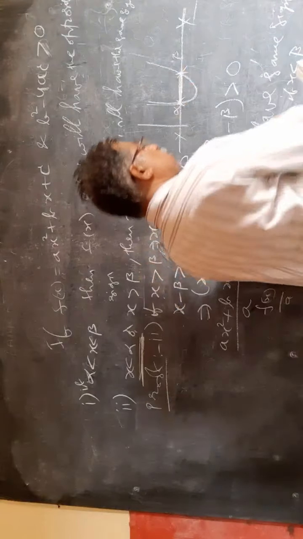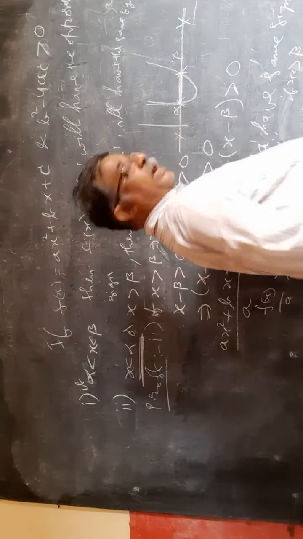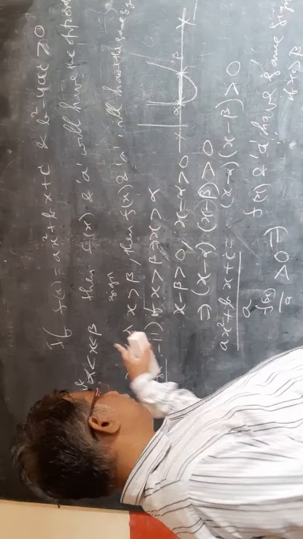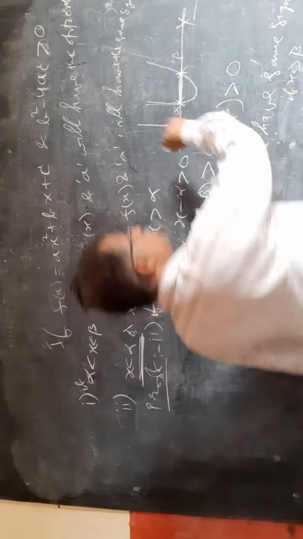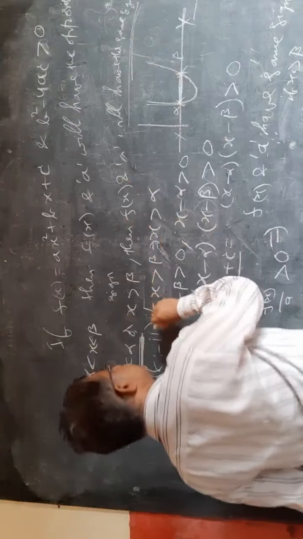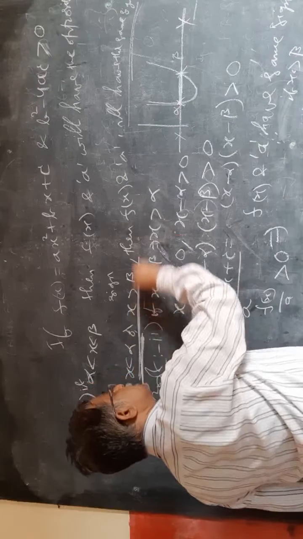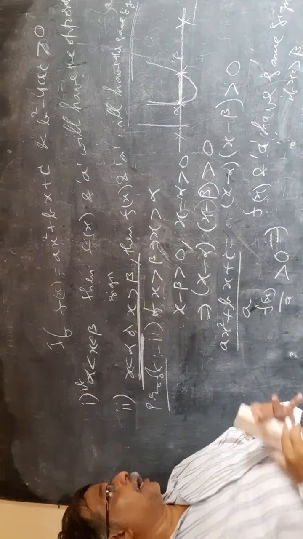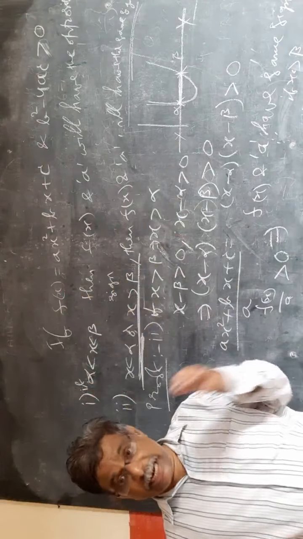From both the cases I can conclude that f of x and a will have the same sign if x is less than alpha or x is more than beta, whenever b square minus 4ac is greater than 0.